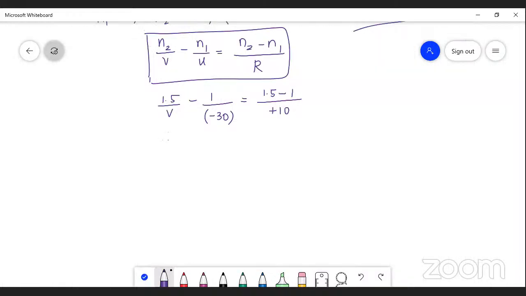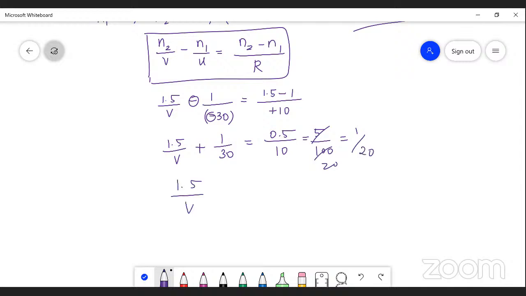So 1.5 divided by V, negative negative becomes positive, plus 1 divided by 30, is equal to 0.5 divided by 10, which is equal to 1 divided by 20. So 1.5 by V plus 1 divided by 30 is equal to 1 divided by 20. Simplify; I want to calculate the V value.